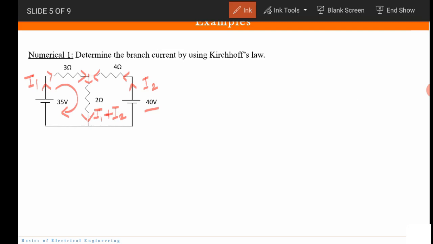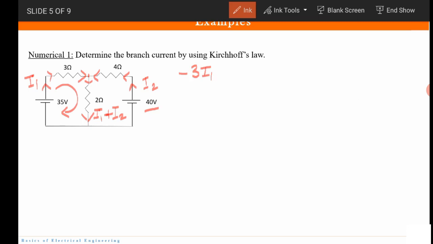So let us start applying KVL. For KVL, what is the first resistor? 3 ohms. We are moving in the clockwise direction, meaning left to right, and the current is also flowing from left to right, so we have to take it to be negative. And the voltage drop is I into R, right? So I into R means 3 I1.